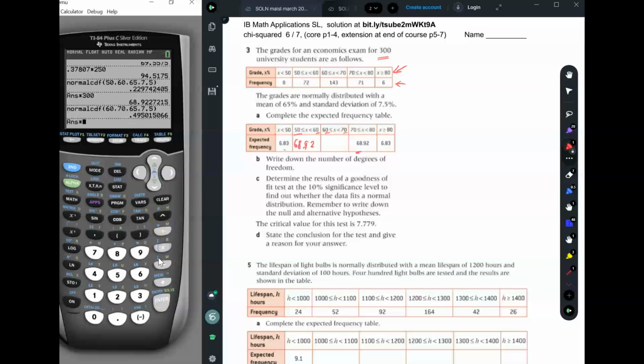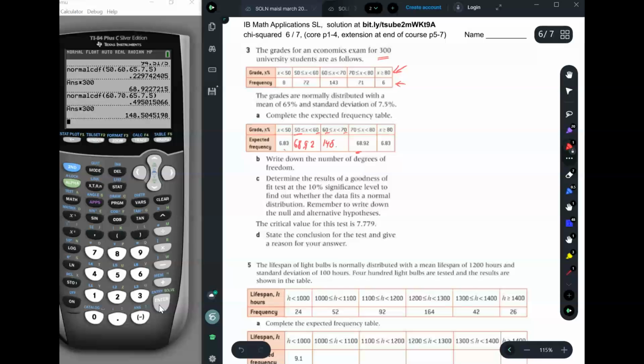Then we're going to multiply that times the 300 people taking the exam to find out what the expected number of people who get between 60 and 70 is. It's going to be 148.5. Okay, so we're done. This is the expected frequencies if the distribution is normal.